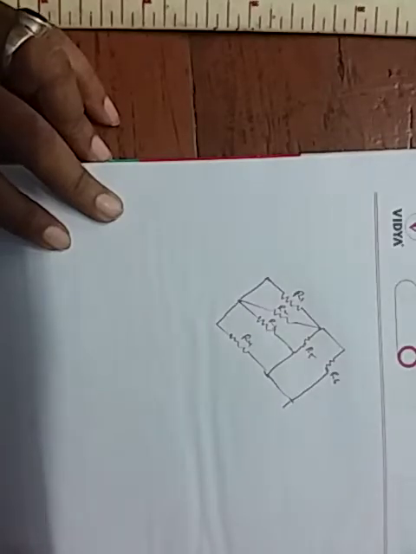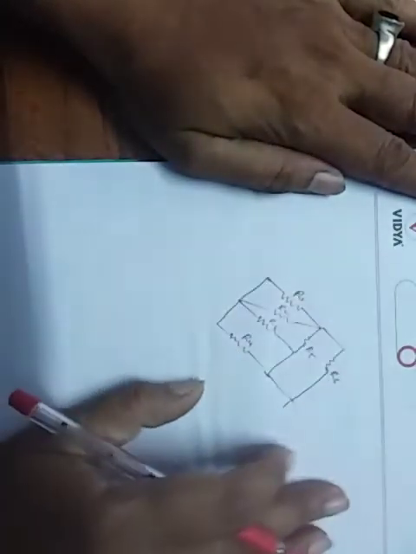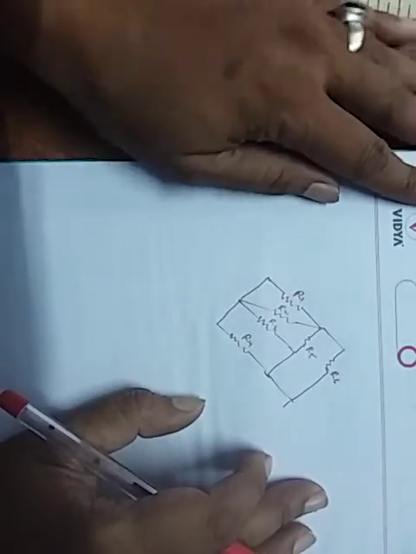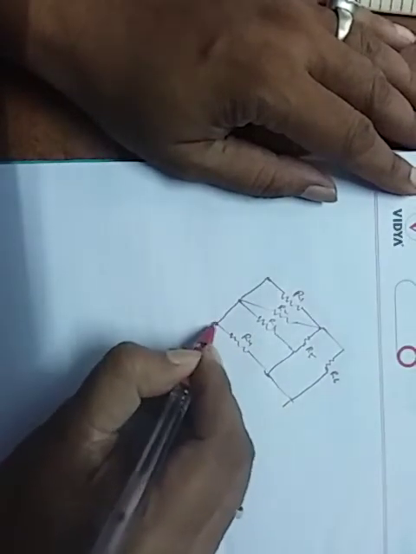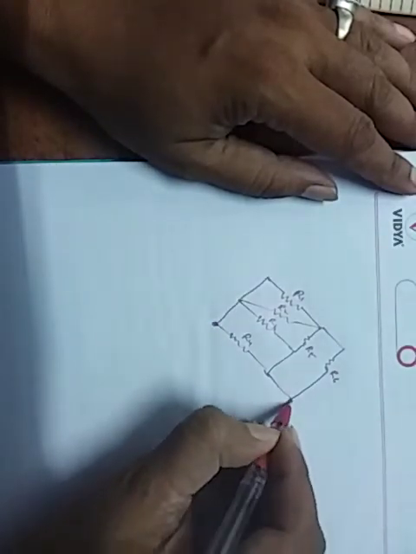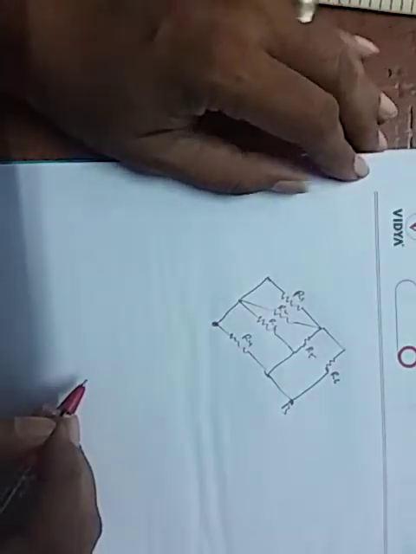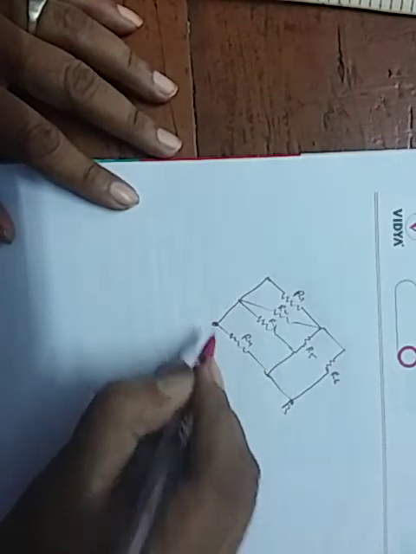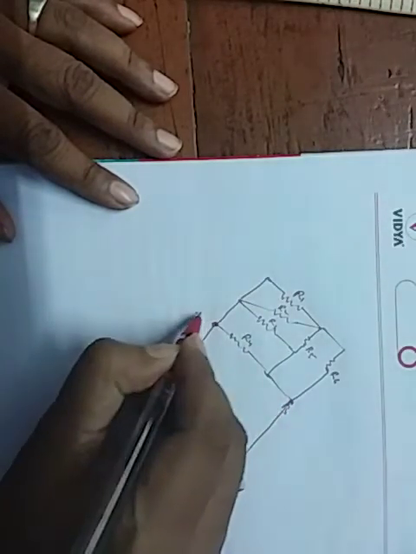Earlier we were asked to find the equivalent resistance of complex networks between A and B, suppose. What we do there is simply join these two points A and B with a battery.